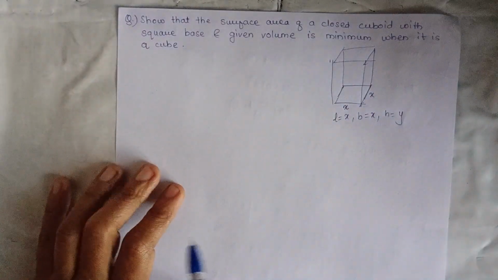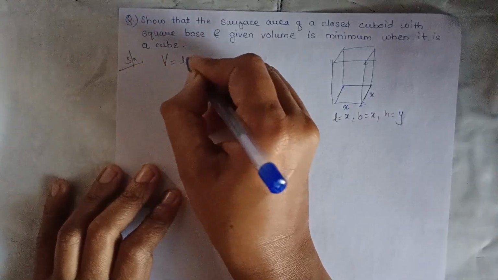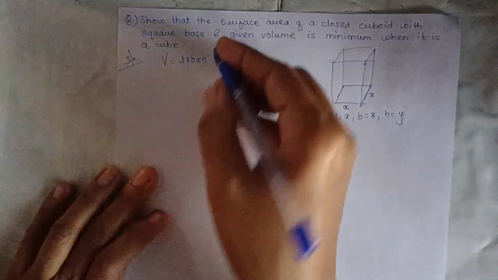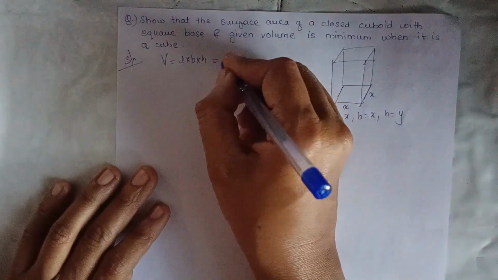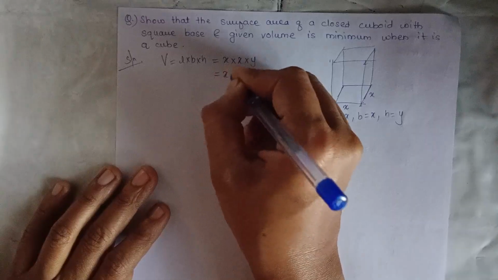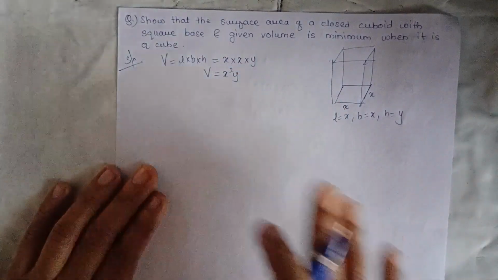Okay, then how is volume written? Volume is length into breadth into height. So x into x into y, that is x square y. This is our volume.